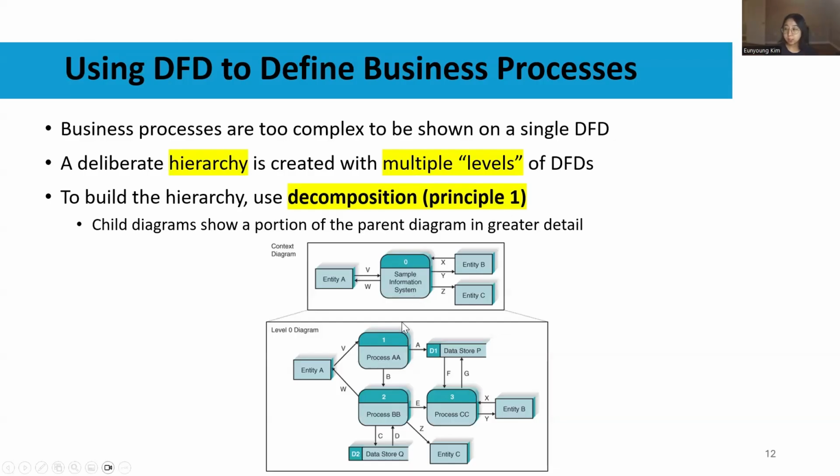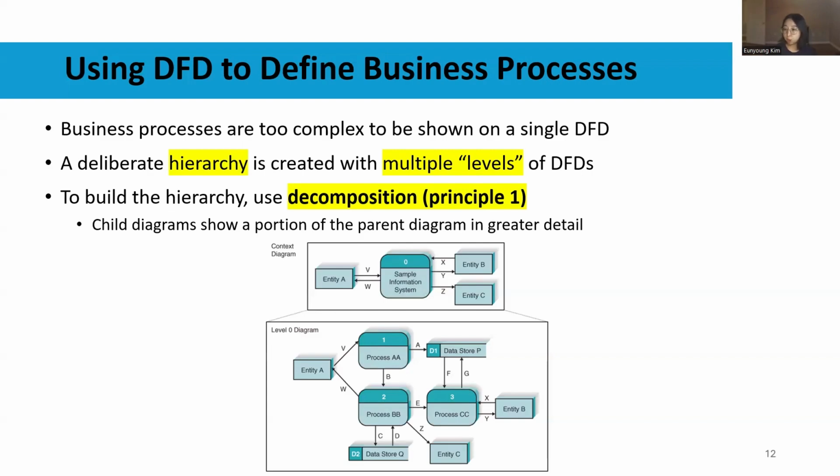And as we already saw in our use case scenario, one action can also be broken down into sub-processes. For example, placing an order, right? So in that sense, this process, for example process 1, which is placing order, can again be broken down into a level 1 diagram.